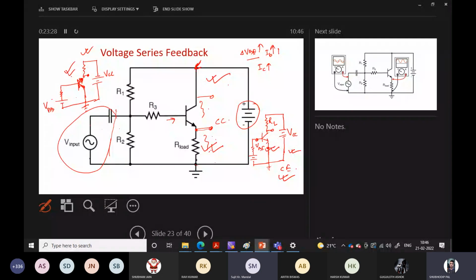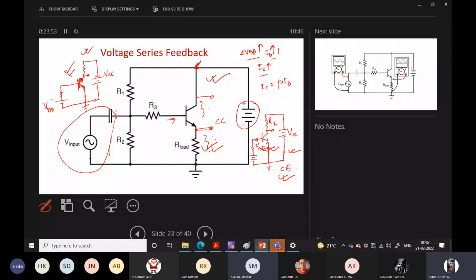This is VBE, the input voltage. If it is increased, then will IB increase or decrease? Increase, sir. And IC? What is IC equal to? It also increases, sir. Beta IB. It will also increase, beta IB.